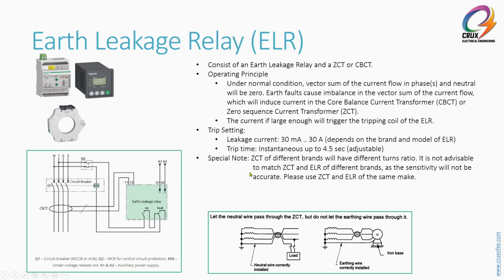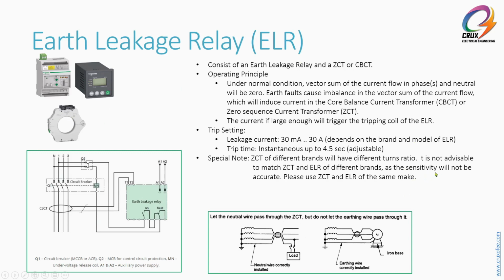So special note. ZCTs of different brands will have different turns ratio. People are not really aware that ZCTs have a turns ratio just like a normal CT. So it is not advisable to match a ZCT and ELR of different brands. For example, you want to use a ZCT from Schneider and match it with an ELR from Terasaki. No, never do that, because the ratio is different. I will show you on the next slide.